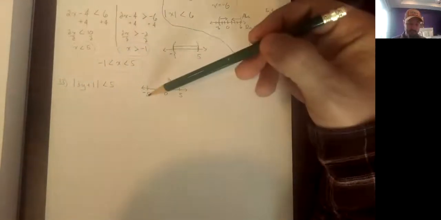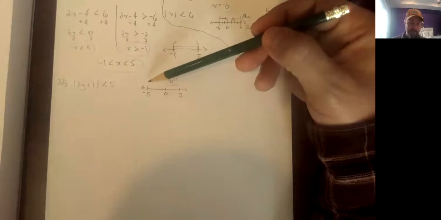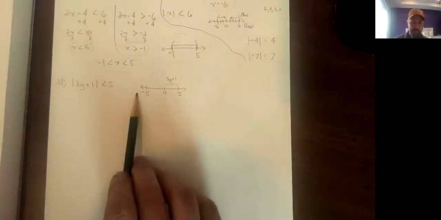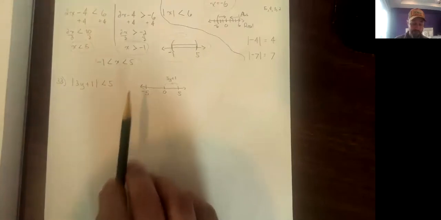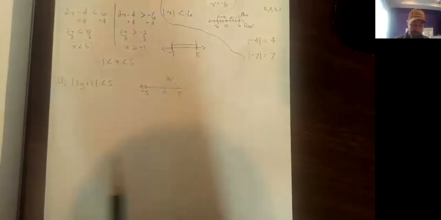Well, absolute value of -5 is actually 5. So absolute value of -6, which is real value is smaller, the absolute value would be 6, which is bigger, so it wouldn't fit. So I'm up here somewhere. I'm saying, okay, absolute value is between those two.